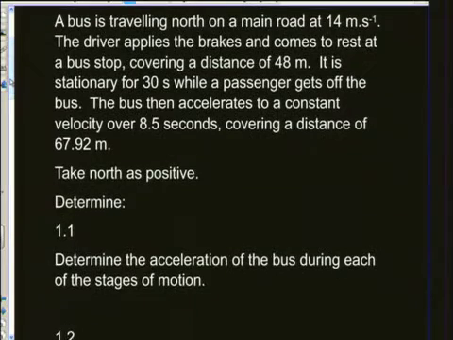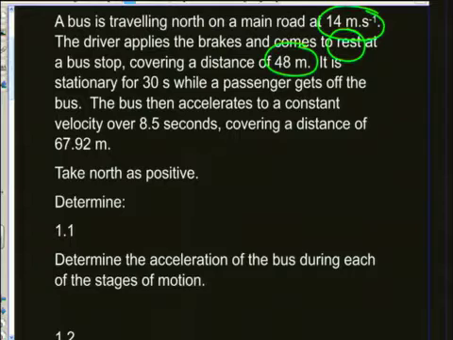A bus is traveling north on a main road at 14 meters per second. So I'm going to circle that. The driver applies the brakes and comes to rest at a bus stop, covering a distance of 48 meters. It is stationary for 30 seconds while the passengers get off the bus.